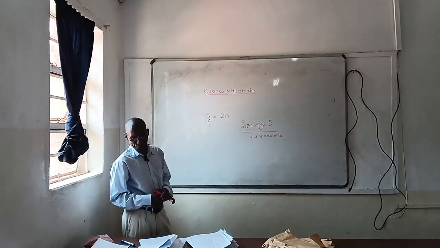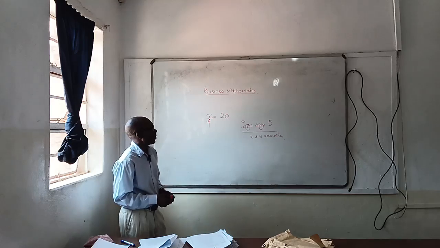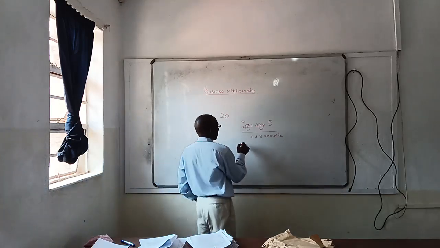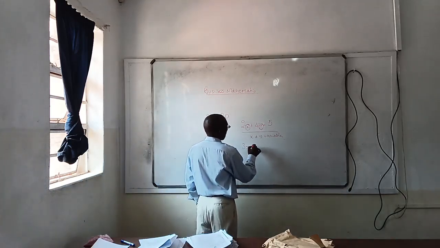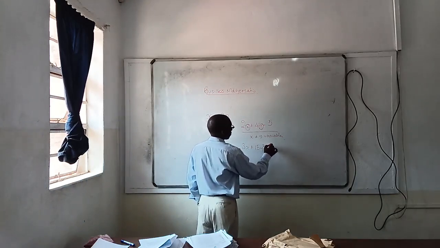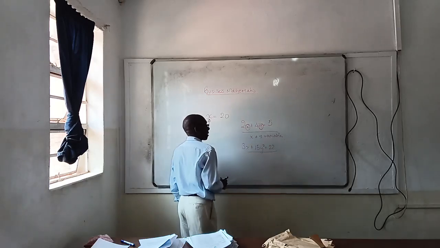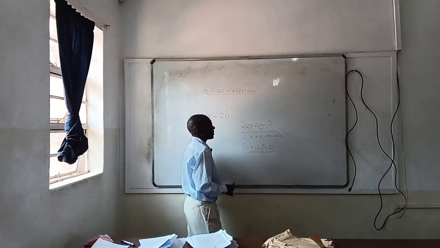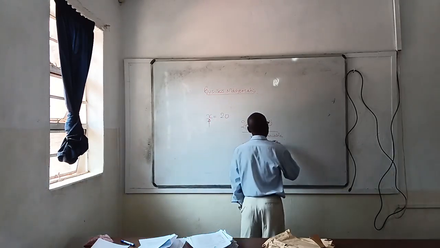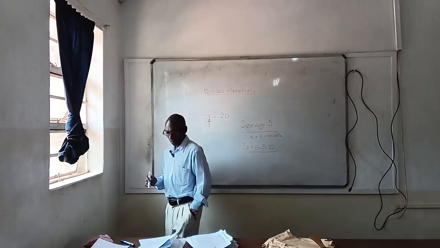Alright? Some other types of equations are like 3x plus 15y squared is equal to 22. This is again an equation. With an equation, you are always trying to balance out. It has an equal sign.